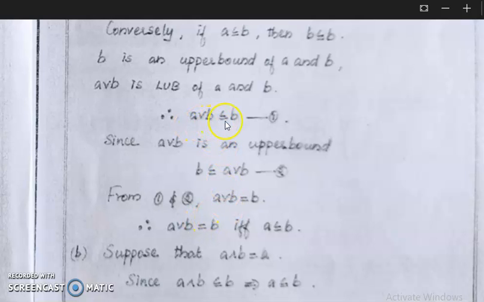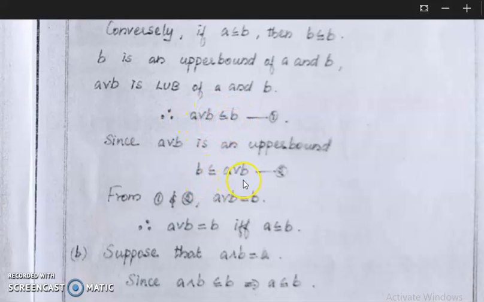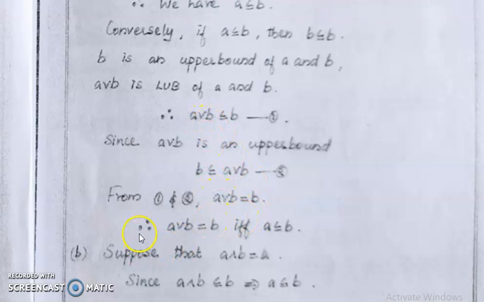Therefore, a ∨ b = b. We know that if a ≤ b and b ≤ a, then a = b. Likewise, a ∨ b ≤ b and b ≤ a ∨ b means a ∨ b = b.